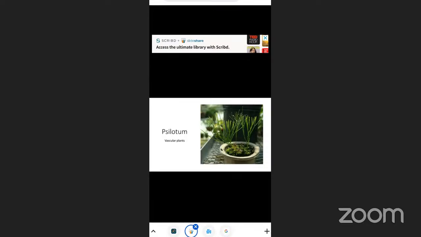From that rhizome they raise the shoot system, which is green in color, around 20 centimeters in height. Some fungal elements also grow in these rhizoids, which help in nutrition. Some of the dichotomous branches of the rhizomes grow out of the soil and develop into erect aerial green shoots. So already you see here.